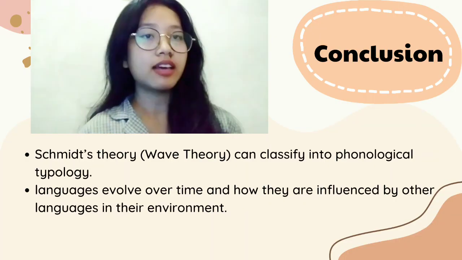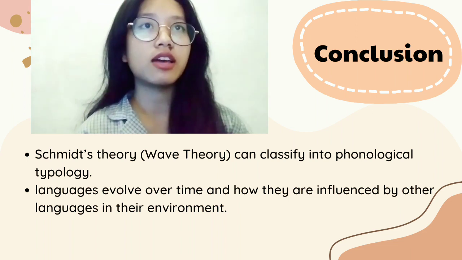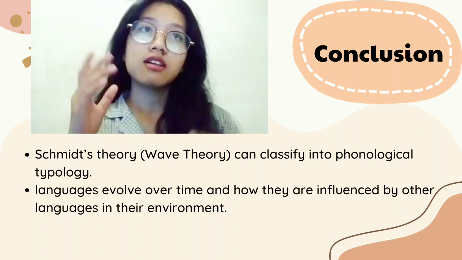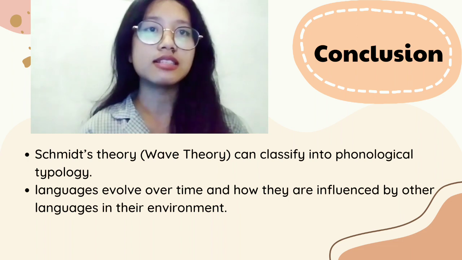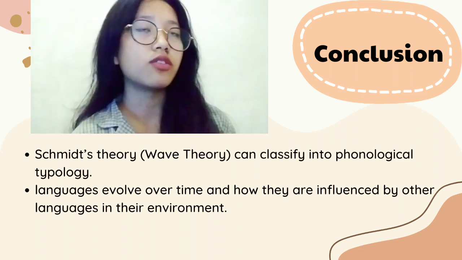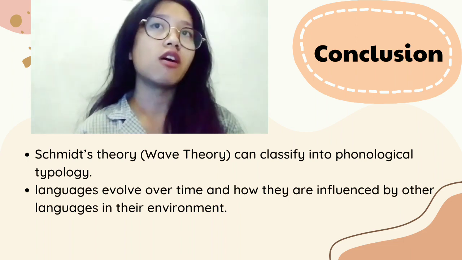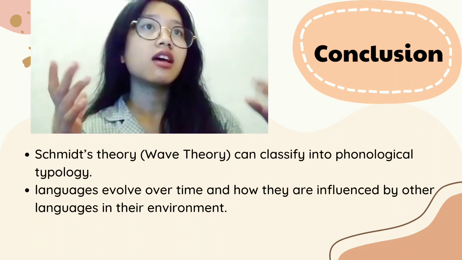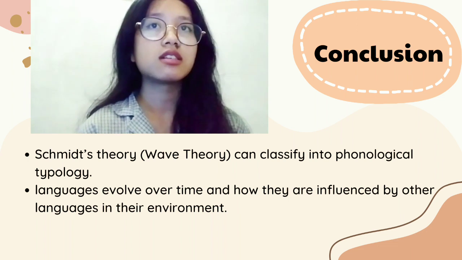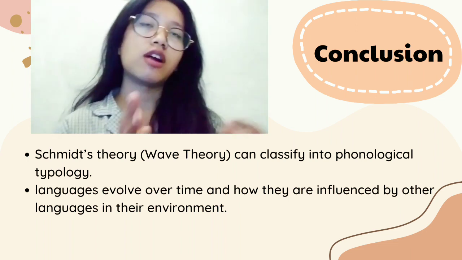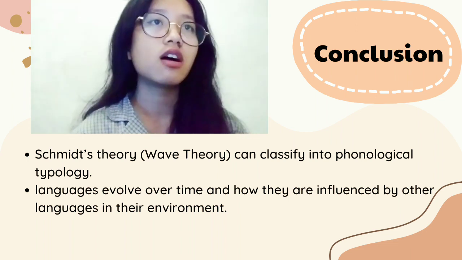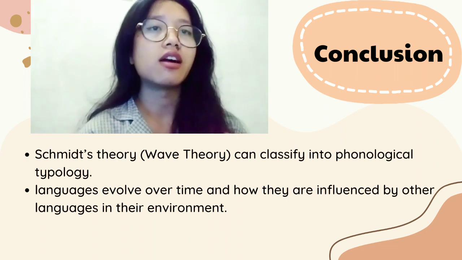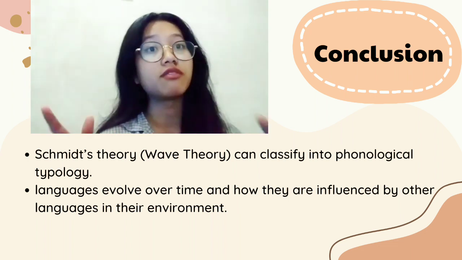To sum up, I can conclude that Smith's theory can be classified into phonological typology because it analyzes the sound change of the Proto-Indo-European language, and the wave theory of linguistic typology has been influential in the study of language contact and language change. It provides a useful framework for understanding how languages evolve over time and how they are influenced by other languages in their environment.